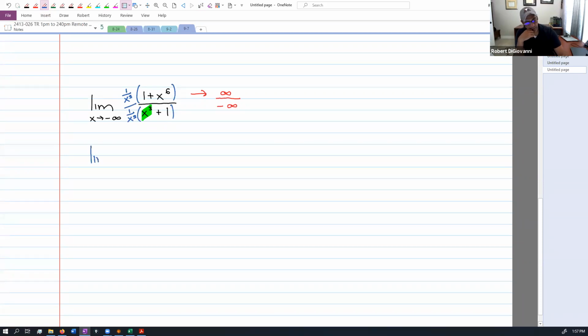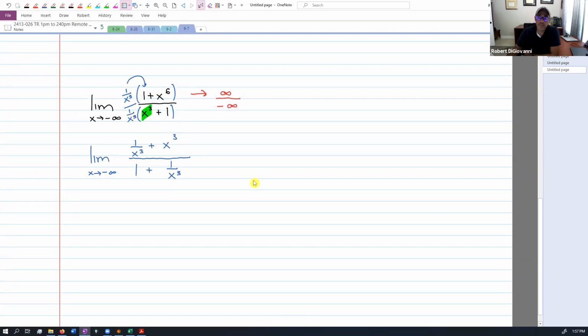And we should get the limit as x goes to negative infinity. Distribute there, we get 1 over x cubed plus x, this should just be x cubed, and then over 1 plus 1 over x cubed. So distribute top and bottom.